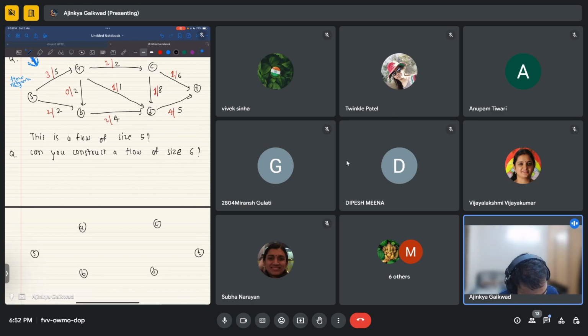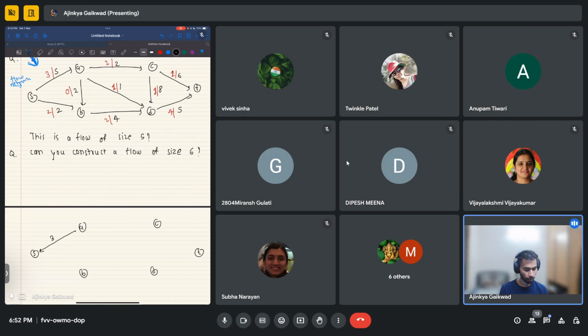Next, what you do is the following. Now you look at the flow from S to A. It is 3. So what you do is you reverse the edge from A to S and give it weight 3. This is the first step. Every time you have a flow from U to V, you reverse the edge V to U and give it the weight of the flow.